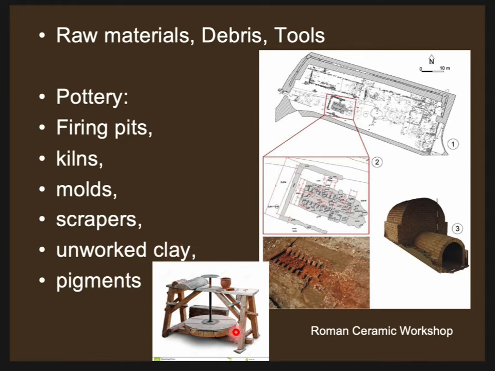Here's a potter's wheel. If you found those things and maybe a few of the final products, this is probably where those things were produced. If you have a house with none of this stuff but lots of pottery, that doesn't mean that they were making the pottery there. They were consuming the pottery there.